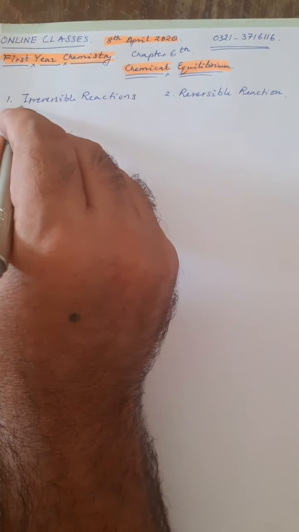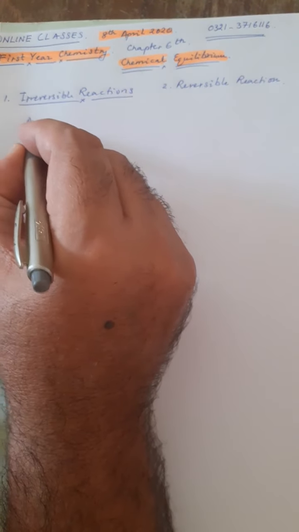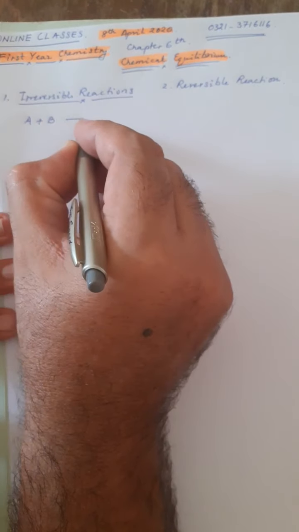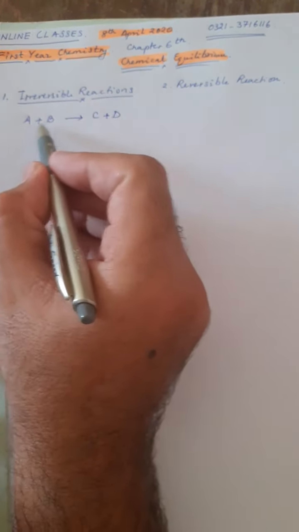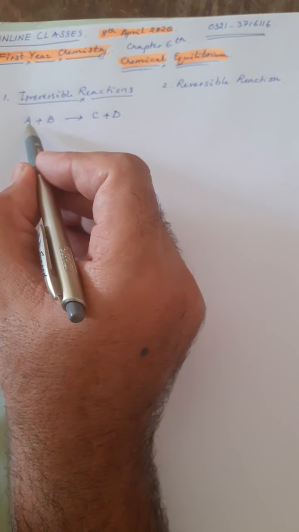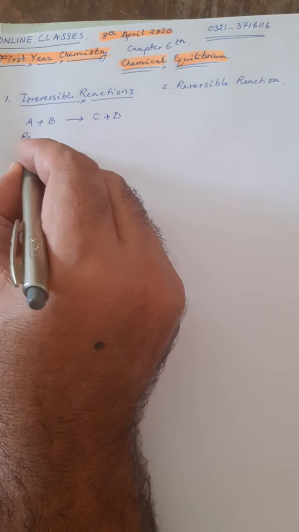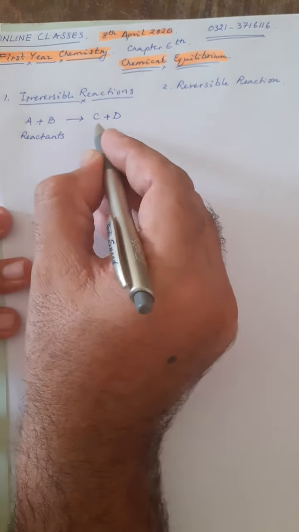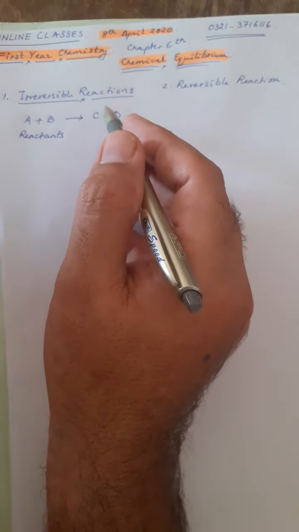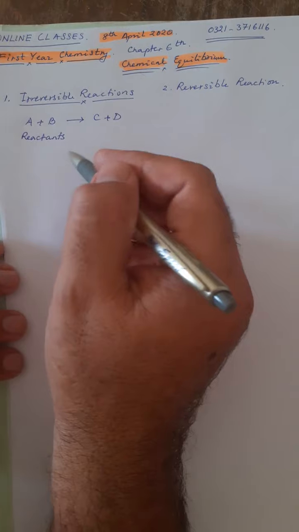Let me first show you a general representation of a chemical reaction, which is called a chemical equation. Now, A plus B forms C plus D. Let's say A plus B are the substances which are reacting with each other. They are called reactants, right? And C and D are, just suppose, the substances which are being produced.